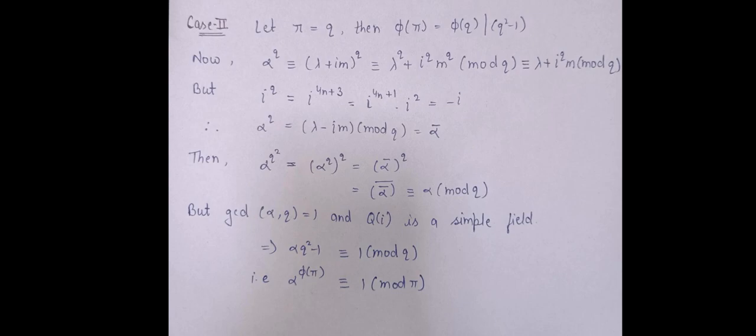But i^q = i^(4n+3). Now separate the power: i^(4n+1) · i² = -i. So α^q ≡ λ - im mod q = ᾱ. Then α^(q²) = (α^q)^q ≡ ᾱ^q ≡ ᾱ-bar ≡ α mod q. But GCD(α, q) = 1 and Q(i) is a simple field. That implies α^(q²-1) ≡ 1 mod q. That is, α^φ(π) ≡ 1 mod π. Thank you.